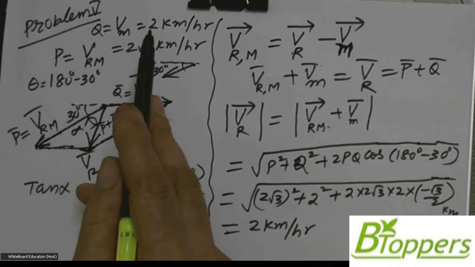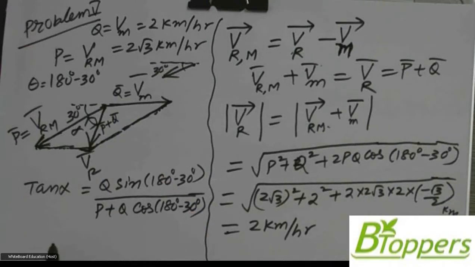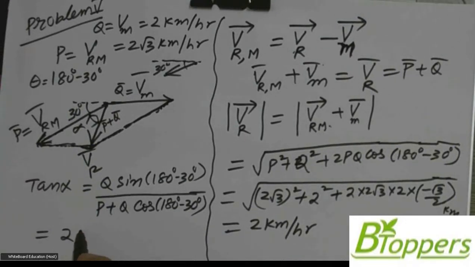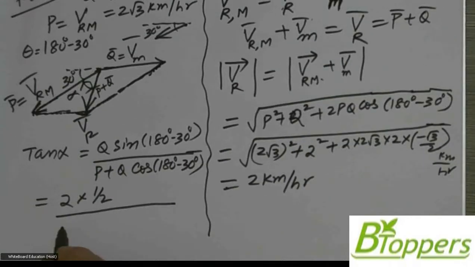Here q means the magnitude of the velocity of the man, which is equal to 2 km/h. Sin 180 degrees minus 30 degrees is equal to sin 30 degrees, which is equal to 1/2. P means here the magnitude of the relative velocity of the raindrops with respect to the man. That is equal to 2 √3 km/h.